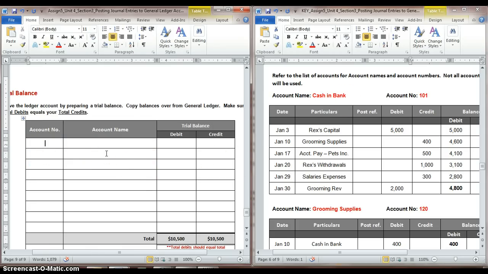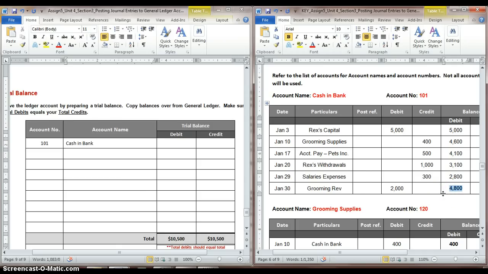So the first account that we have is account number 101, cash in bank. All we're doing is recording the ending balance of these accounts over into our trial balance sheet. My ending balance of cash in bank is a debit balance. Let's make sure we're on the same page. It's a debit balance of 4,800.